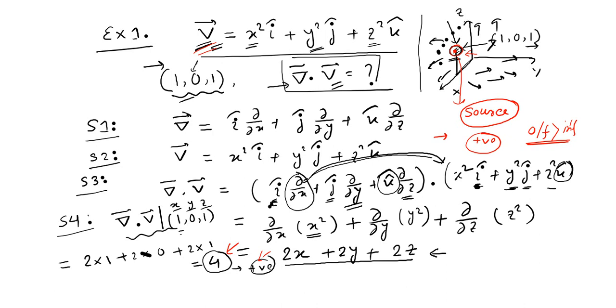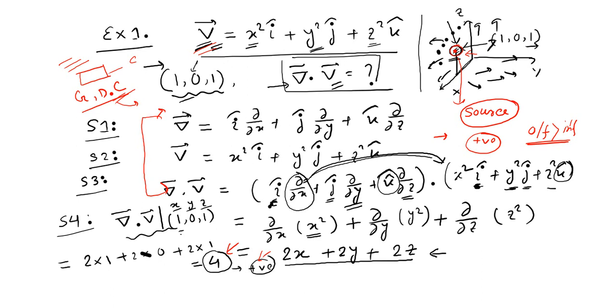Later on, as I said in the previous lecture, in these few lectures I will discuss the basic concept of gradient, divergence and curl, and I will only focus on the steps by which you can solve the problems. Later on in some videos I will discuss different types of problems, from simple to complex, for gradient, divergence and curl. I will teach you how to solve any problem from that part.